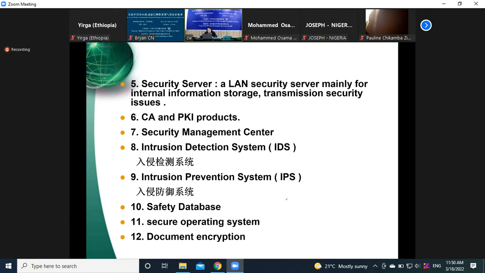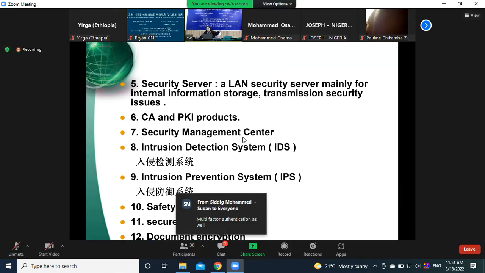And sometimes if we want to protect data, we also use a safety data space and security operating systems and document encryption. Okay, and also, not only these technologies, this field also needs security policies, not only the technologies, but also the security policy.